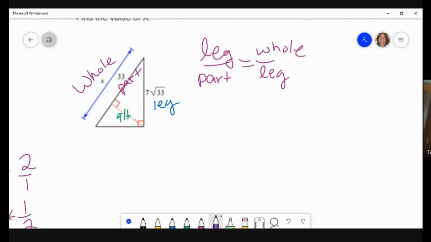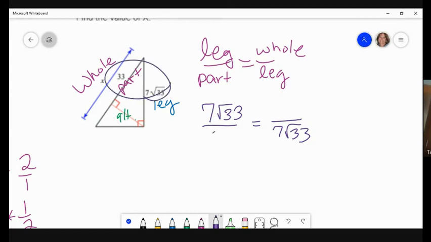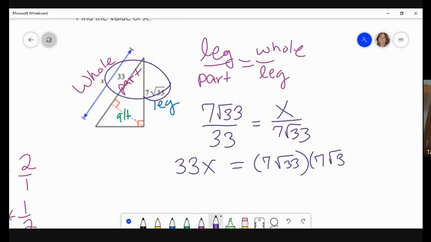Just carry them on through, and when you get to the calculator, it'll be fine. All right, so 7 square root 33 is going to be our geometric mean, in our duplicated position. Our closest part is that 33, and the whole length is what we're looking for. So we're going to cross multiply. Again, just put it in parentheses and let the calculator handle it.